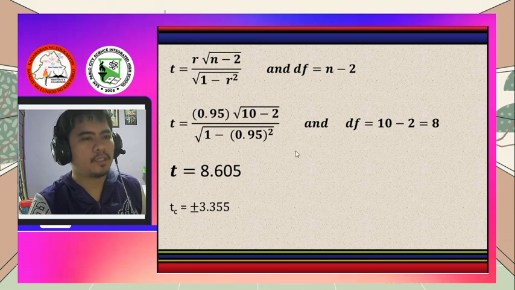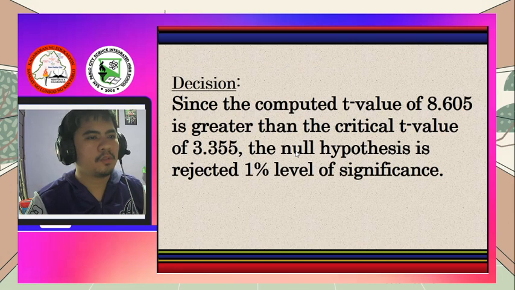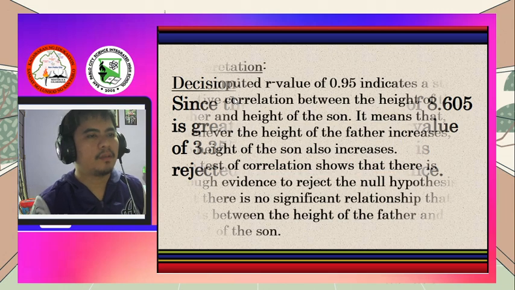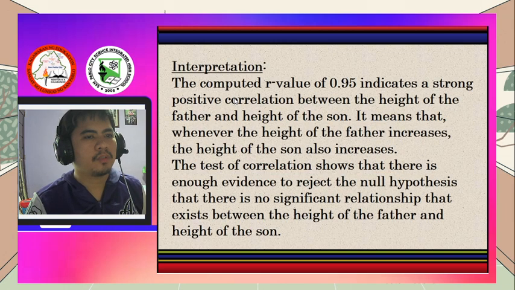So let us proceed. The decision will be: since the computed t value of 8.605 is greater than the critical t value of 3.355, the null hypothesis is rejected at 1% level of significance. Interpretation: the computed R value of 0.95 indicates a strong positive correlation between the height of the father and the height of the son.